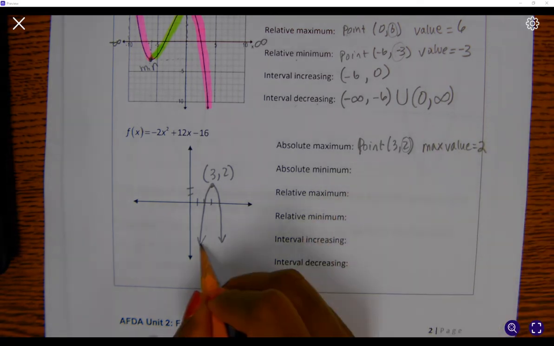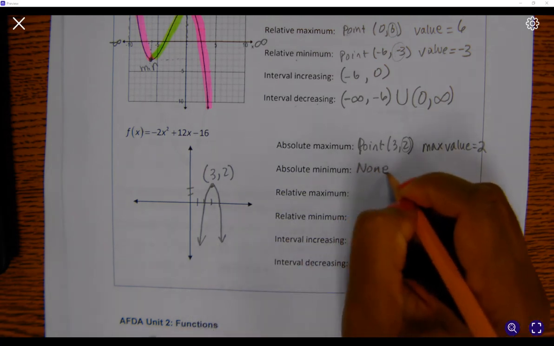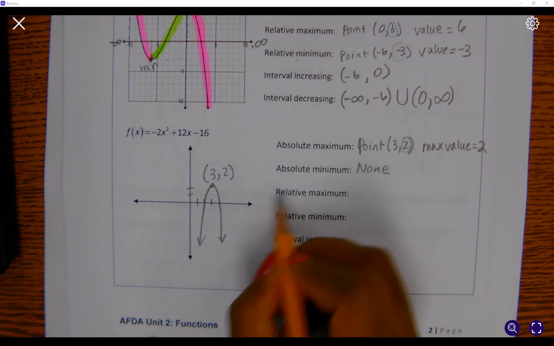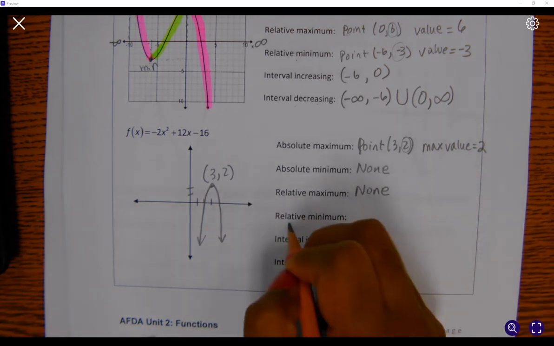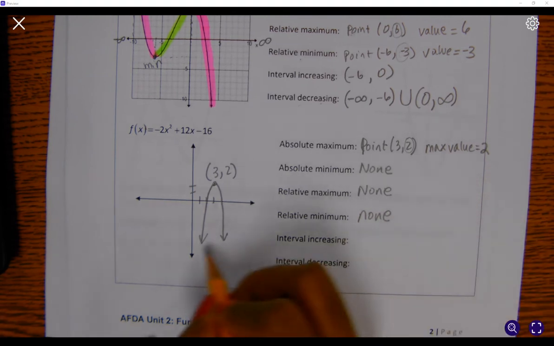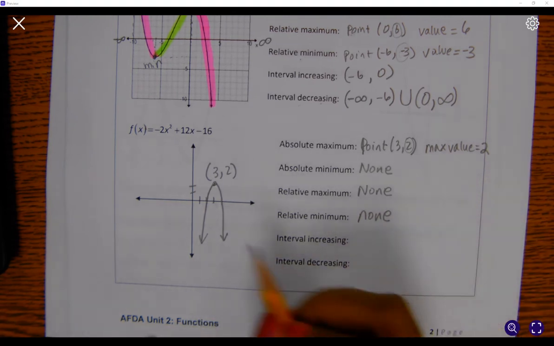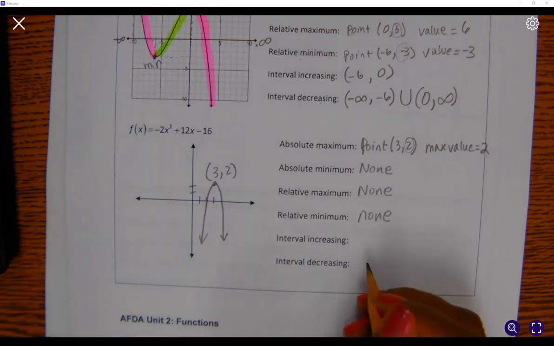Minimum, there is no absolute minimum because it keeps going down. So this is none. There is no relative maximum because there's only one max. Relative minimum, none, because there's no minimum point, no valley. So we leave it as that.